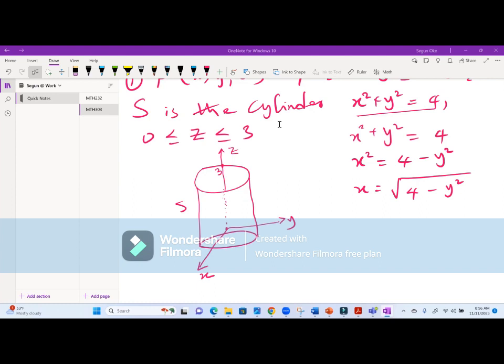So when you have this kind of equation, what do we do from here? Solving a divergence theorem. Anybody?